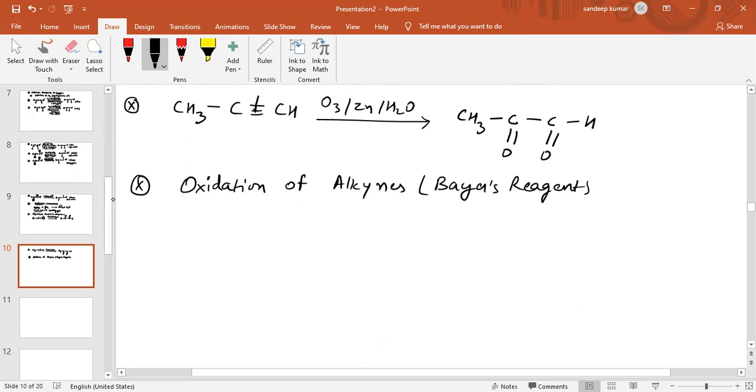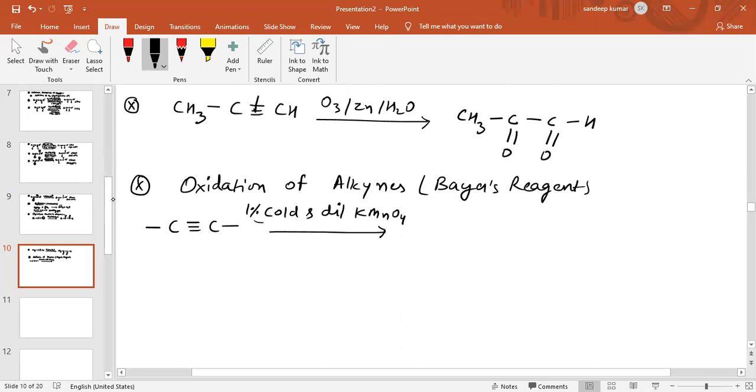If a compound is given like this, C triple bond C, and we add Bayer's reagent. What is Bayer's reagent? It is cold and dilute KMnO4, 1% cold and dilute KMnO4.